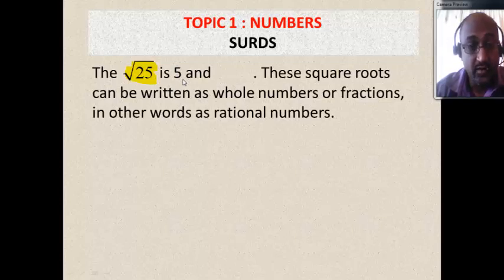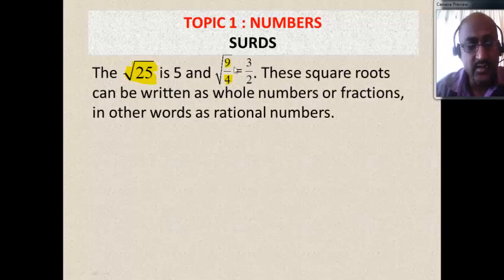Most of you will know it could be positive or it could be negative, but that is not what I'm concentrating on at the moment. All I'm looking at is the square root of 25 is equal to 5. And obviously we could get the square root of other numbers. For example, the square root of 9 over 4. The square root of 9 divided by 4 is equivalent to the square root of 9 divided by the square root of 4.